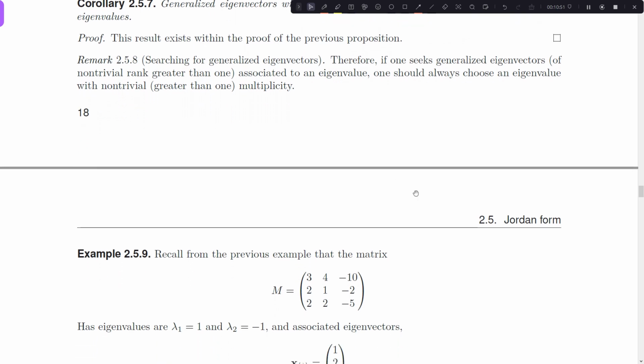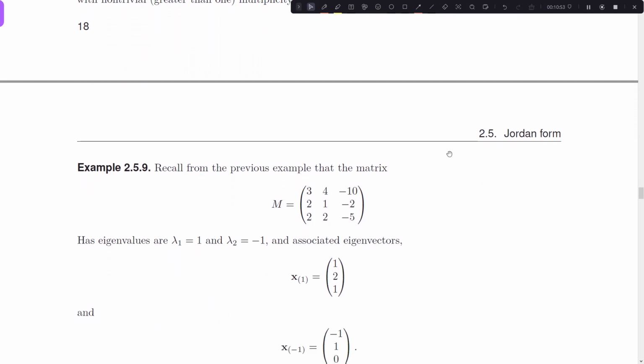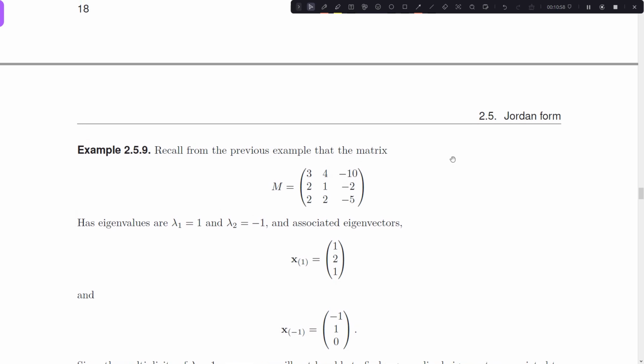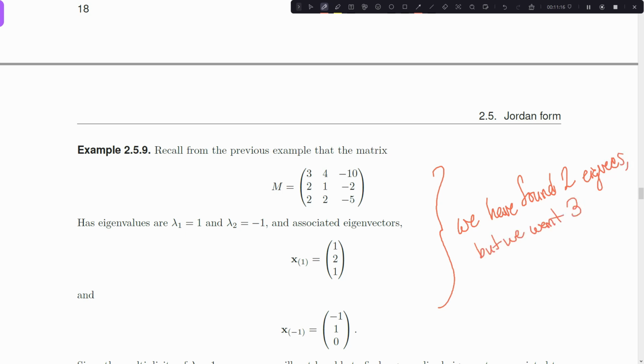Okay, so let's jump back to this example where our matrix has these 2 eigenvectors, but we want a third, right? More or less what's going on is we have found 2 eigenvectors, but we want 3 for, and I'm putting it in quotes now, diagonalization, even though we're going to find out that it doesn't quite diagonalize.